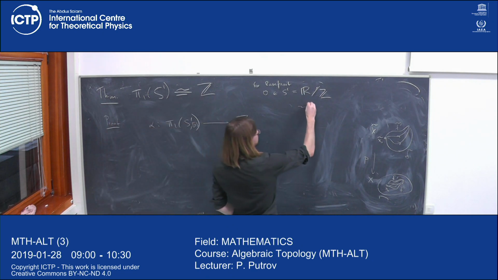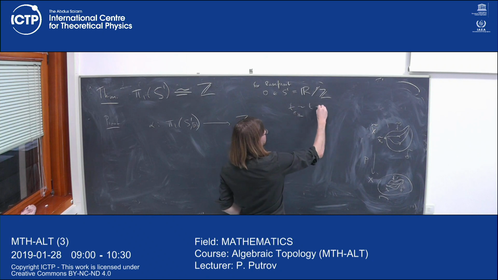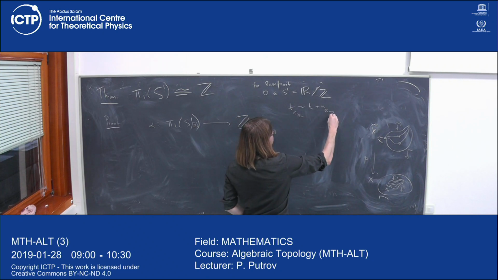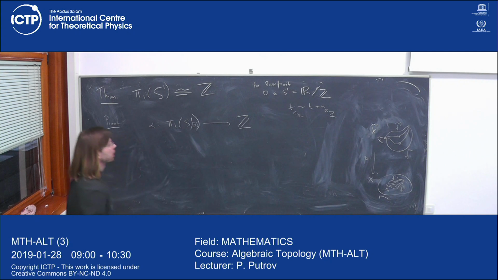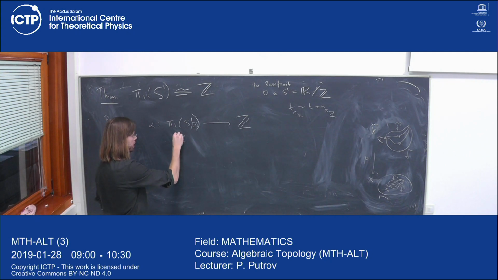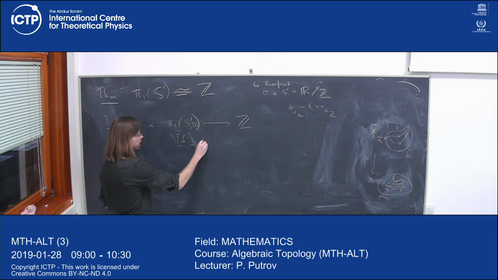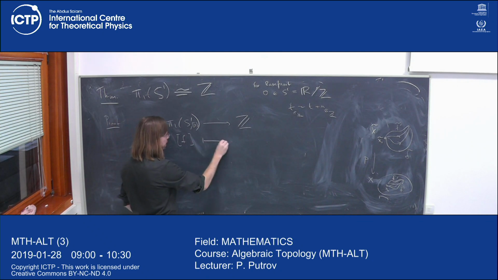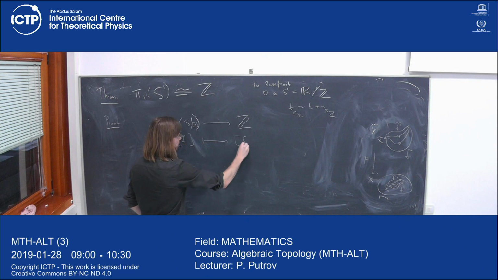Again, the equivalence relation is that t in R is the same as t plus n. So let me take some path here, and I want to map it to some integer.